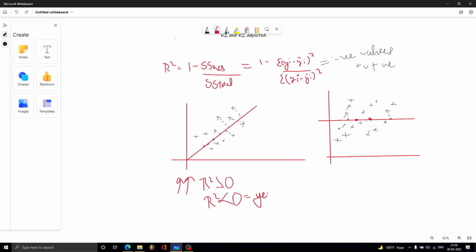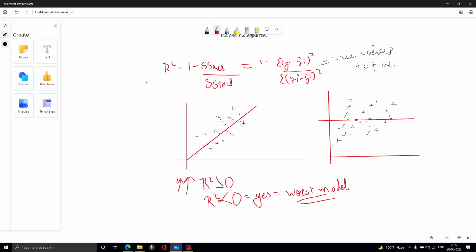But if it is less than 0, that simply means your model is a dumb model, the worst model. Your best fit line is not properly created, which means you need to do something again to create a good best fit line. So if your R square is less than 0, you have the worst model. Simple. Hope you are getting it.